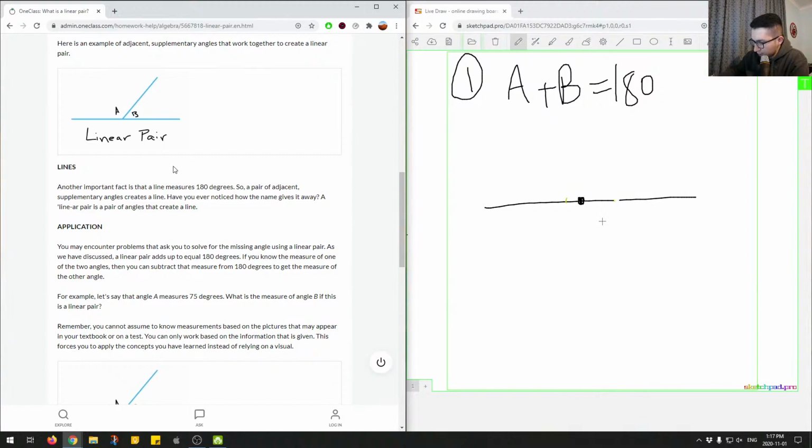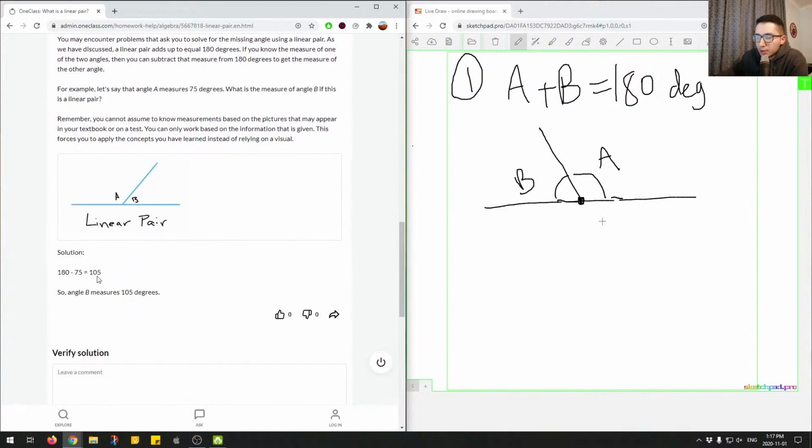Alternatively, what you could also say is an angle like this. It could also be an angle over here, where you have angle A and angle B. Essentially it's just two angles on this line separated as such, and you have them add up to 180 degrees. I'll write DEG for degrees.